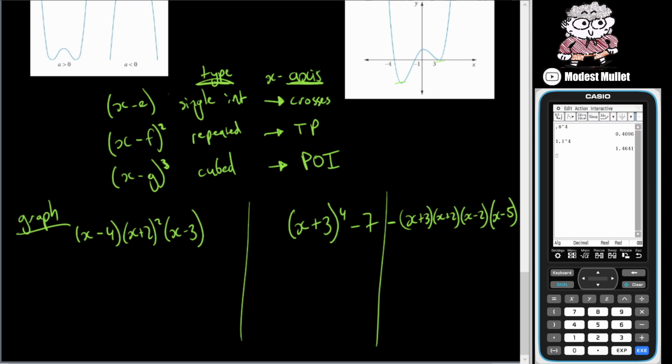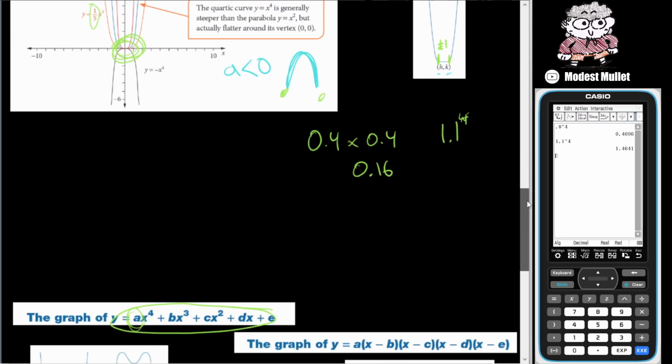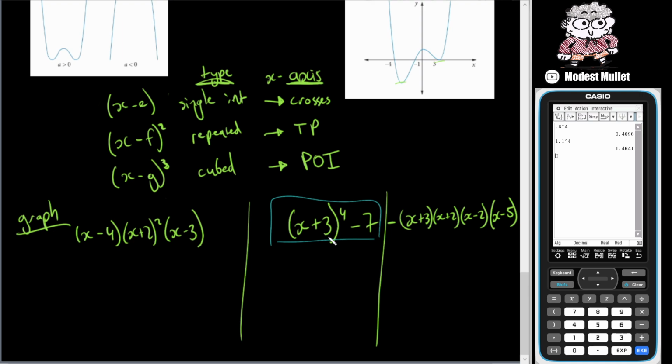Let's start with the middle one. This is our turning point form of a quartic. So we can read off, in this case, our h value is -3 and our k value is -7.